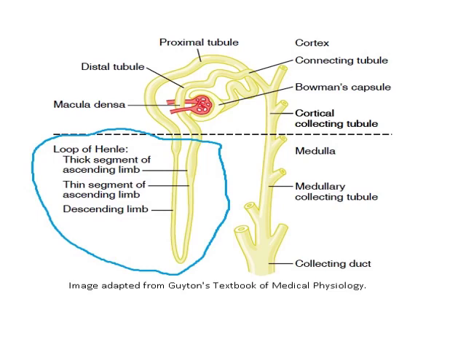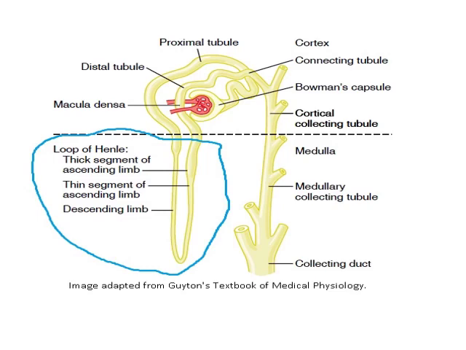The main thing in the loop of Henle is that the descending limb reabsorbs water, but through the ascending limb there is no absorption of water, as reabsorption of water is not possible because of its structural, cellular arrangement.